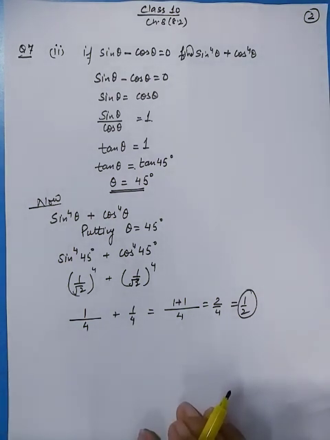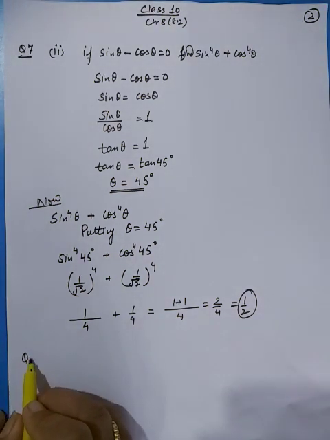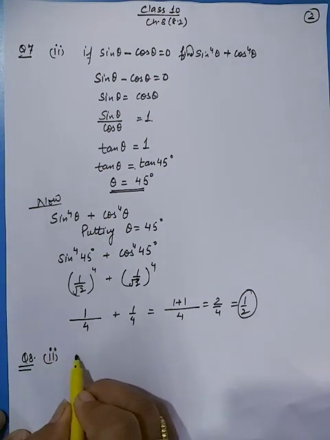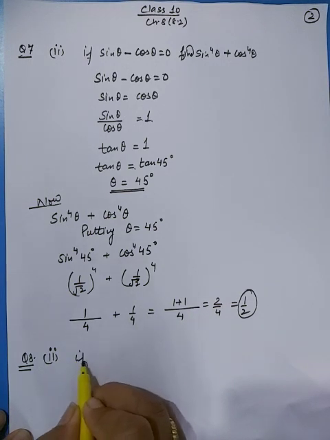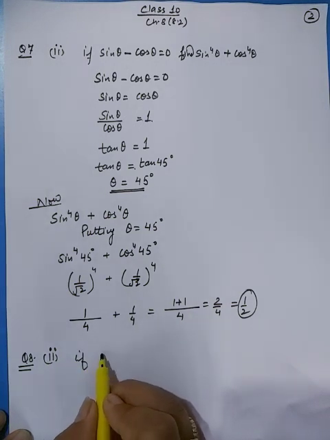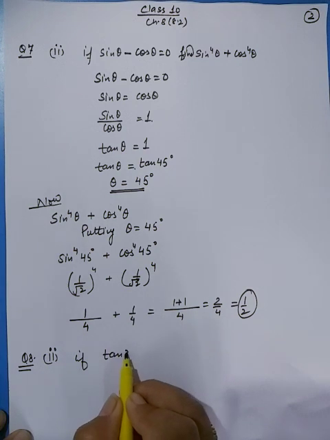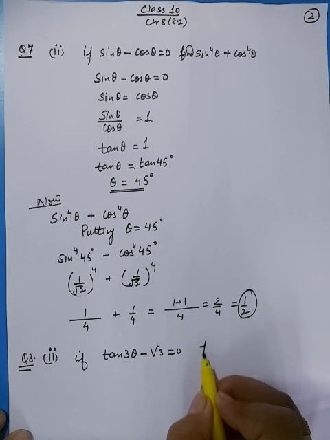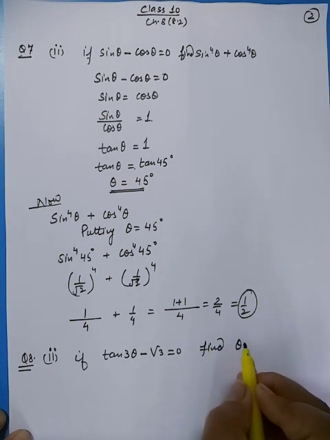Now question number 8, part number 2. If tangent 3 theta minus root 3 is equal to 0, then find theta.